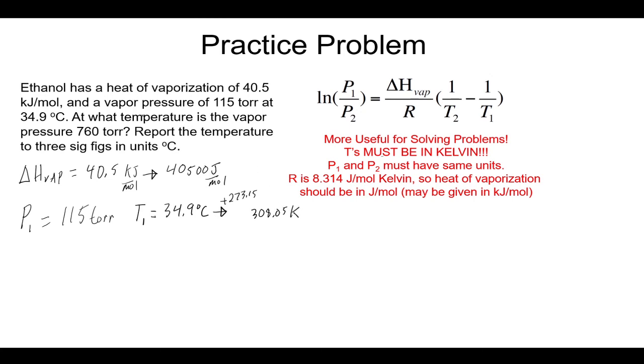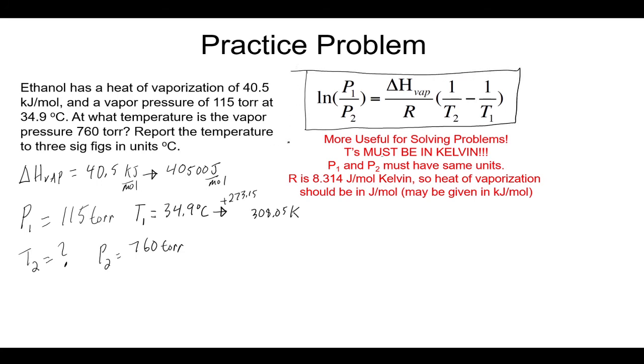I keep reading. At what temperature, T2 equals question mark, is the vapor pressure P2 760 torr? Report the temperature to 3 sig figs and units degrees Celsius. Okay, so we've read it through a second time, we've written things down, and now it's plug and chug. I'm just putting these bits of information into this formula.